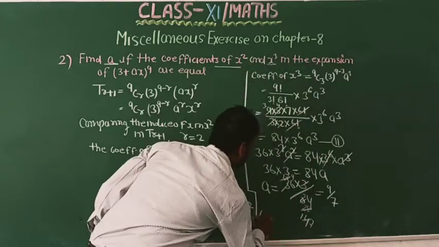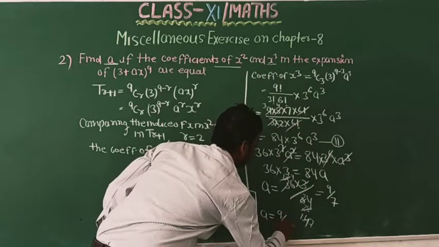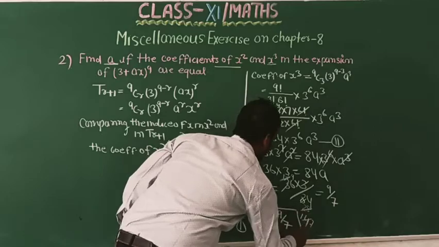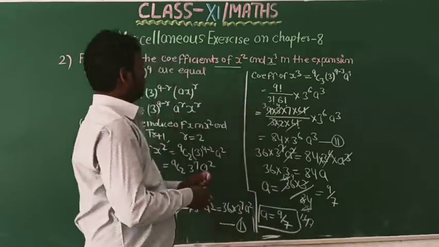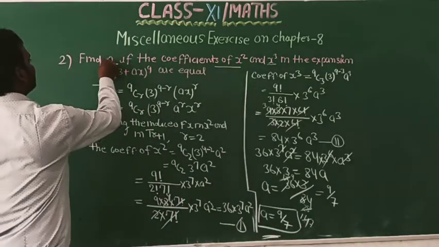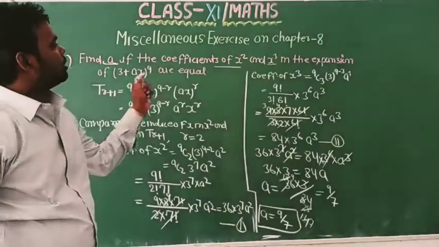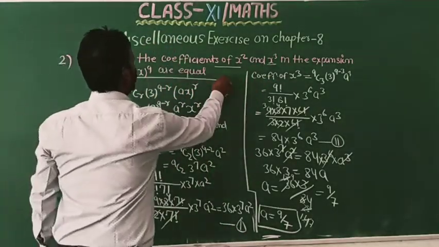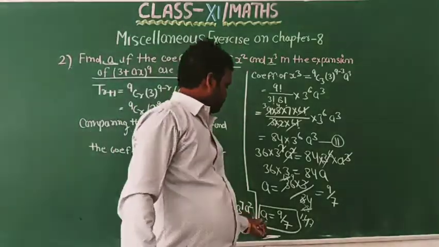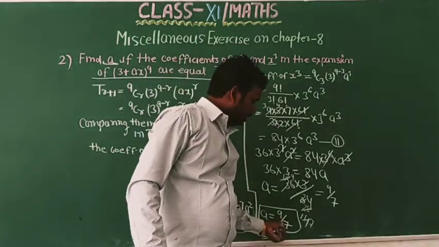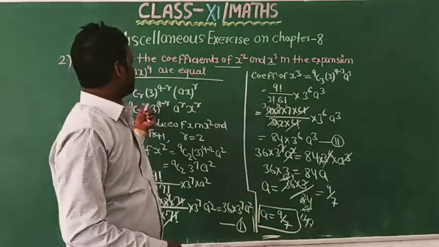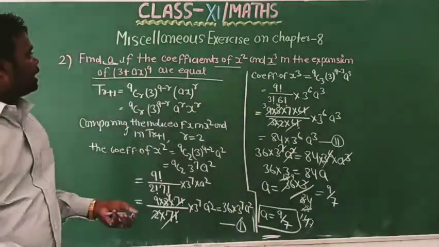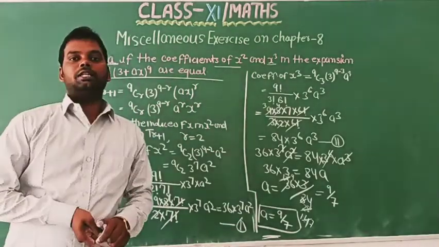Okay, so therefore the value of a we have found out is equal to 9 by 7. So the value of a, for which the coefficients of x square and x to the power 3 are equal, is a equal to 9 by 7. So this is the solution of question number 2 of the miscellaneous exercise.